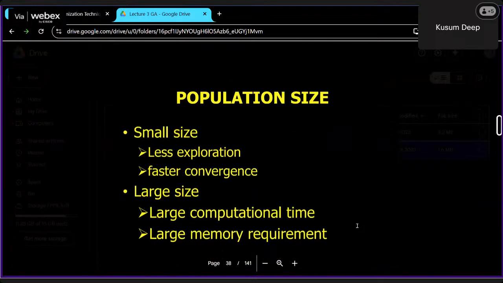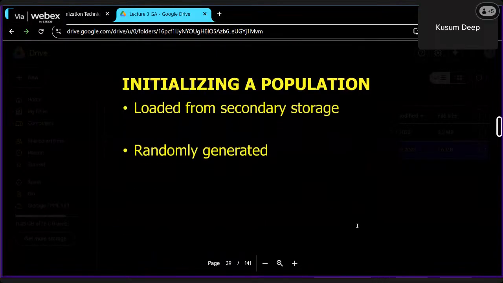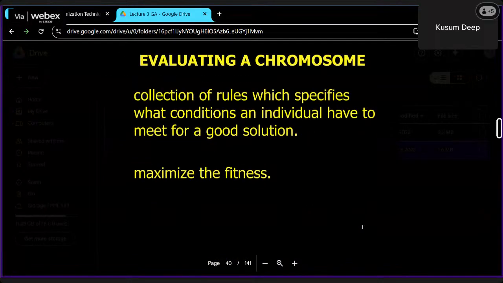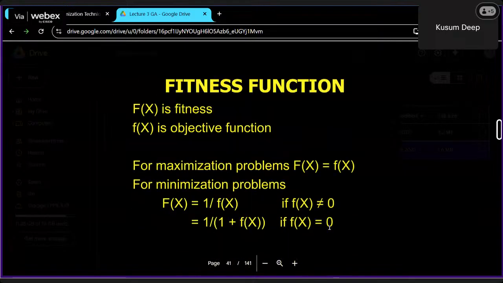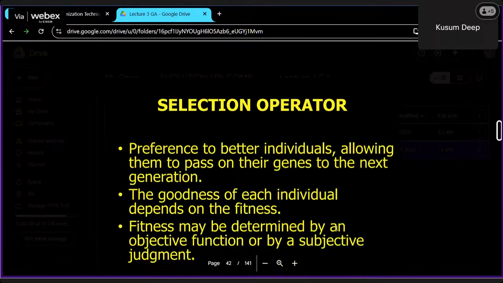I talked about the population size and how to initialize the population. And then we talked about how to evaluate a particular chromosome using the objective function and the fitness. So the fitness function is related to the objective function like this. And then we moved to the selection operator.